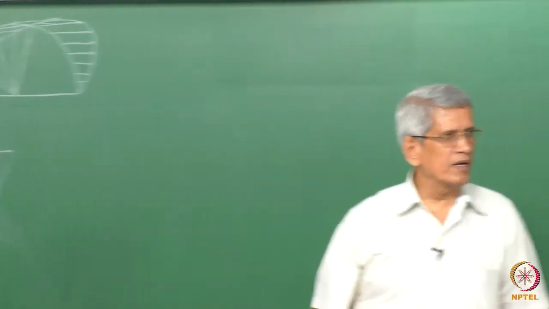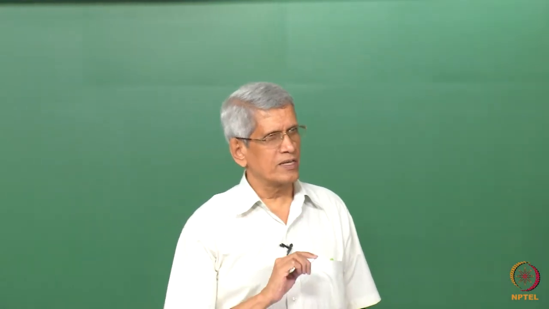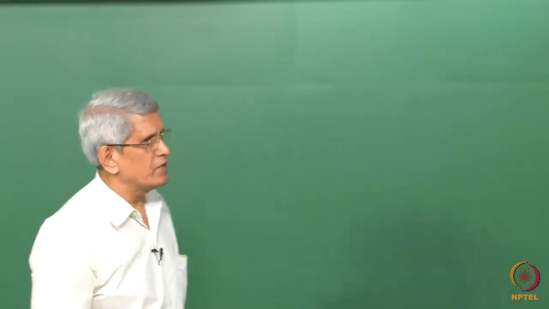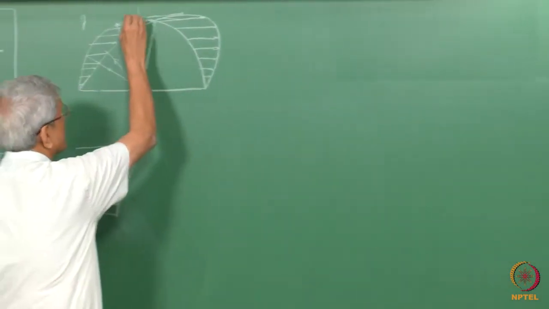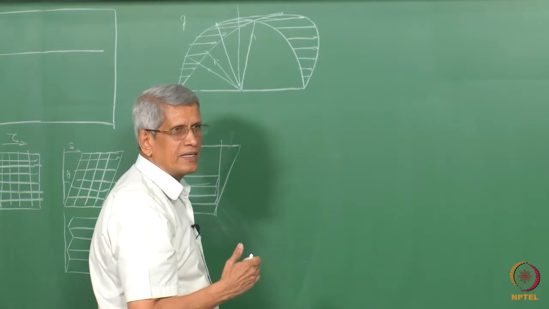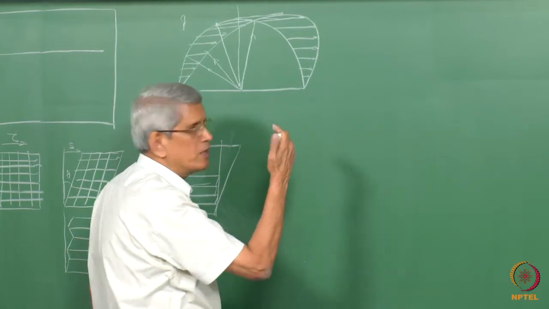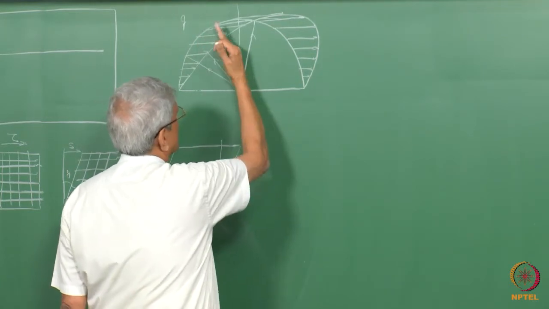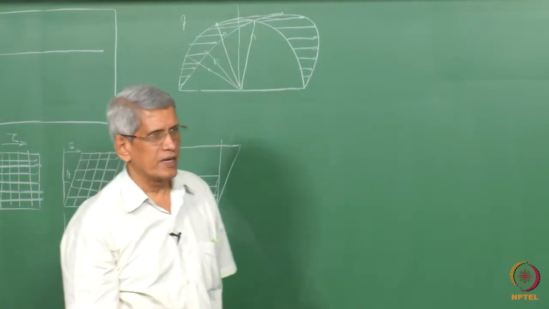This is rotated but not distorted. Since we are considering only a simple shear in this direction, perpendicular to it, if I look at it, there is no change. So there is a plane which is passing through these directions.